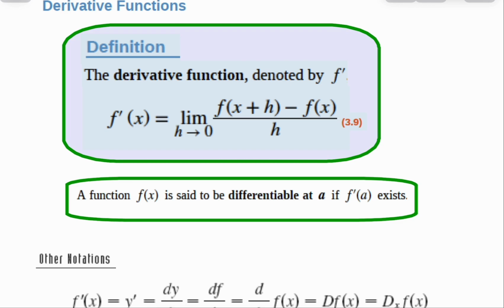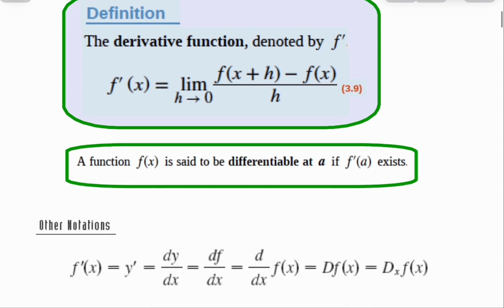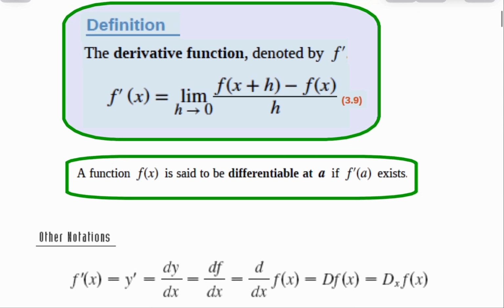Now there are different notations for derivatives. You might see f prime, you might see y prime, you might see dy dx. What that means is I took the derivative of y in terms of the variable x. Same thing here, I took the derivative of function f in terms of x. We might have multiple variables, and that's why as you progress higher into calculus, they are going to specify what variable we are dealing with.